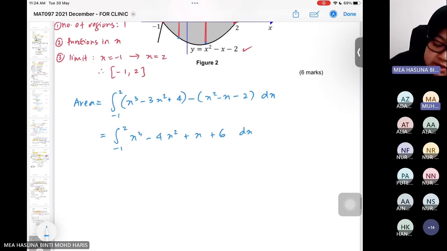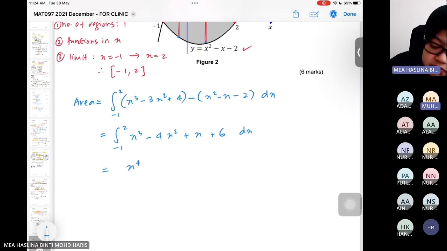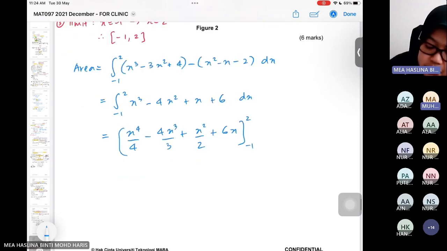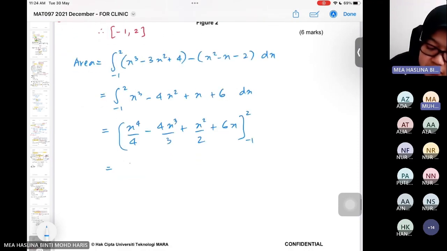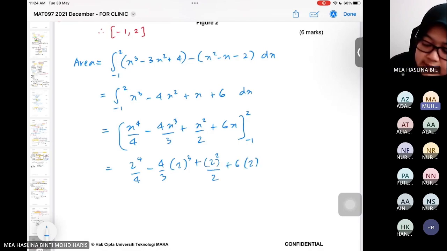Okay, then you integrate: x to the power 4 over 4 minus 4x cubed over 3 plus x squared over 2 plus 6x. Substitute with the limits. Show the substitution. 2 to the power 4 over 4 minus 4 over 3 times 2 cubed plus 2 squared over 2 plus 6 times 2.